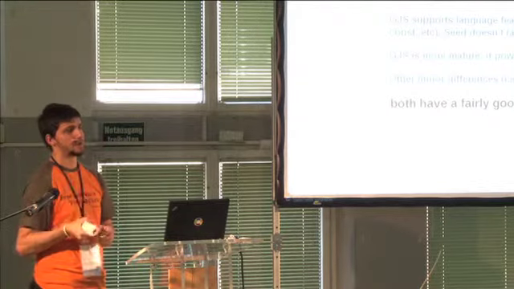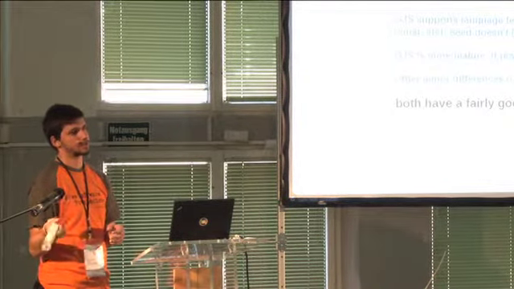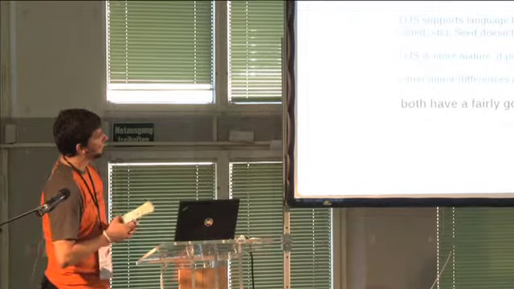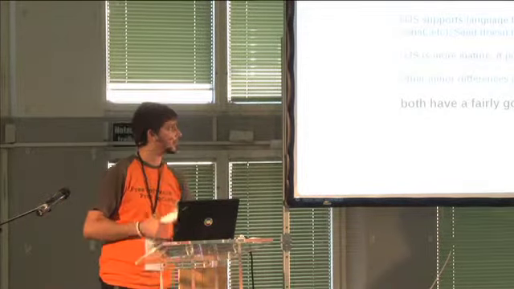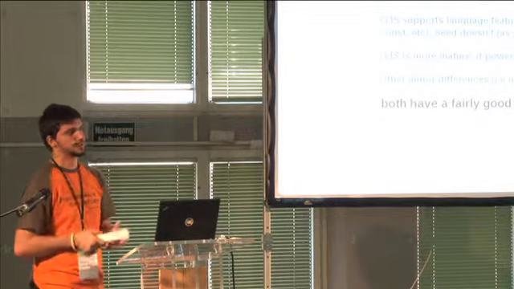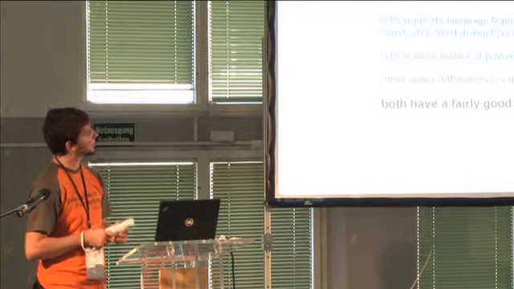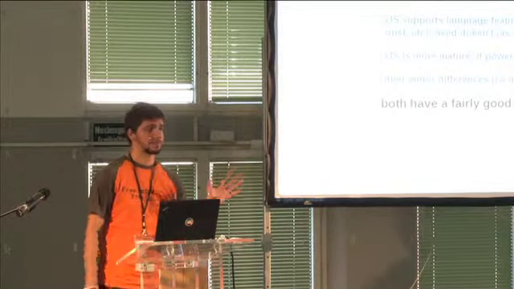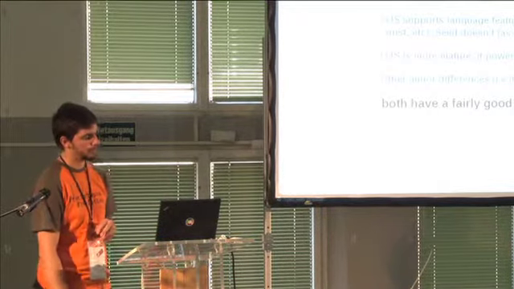So right now we have a compatibility problem. We cannot run GNOME Shell code in Seed, only in GJS. Yeah, GJS is more mature right now. It powers GNOME Shell at the moment. It's in production on millions of desktops right now. And they have some other minor differences, but both have fairly good support for GI.